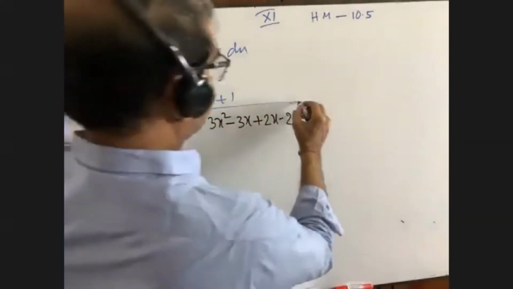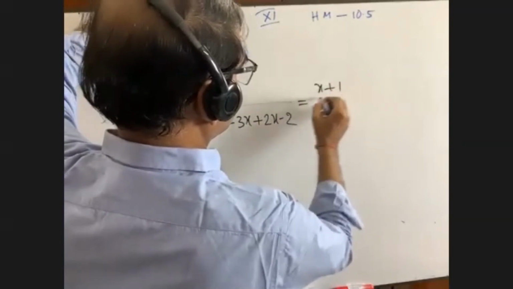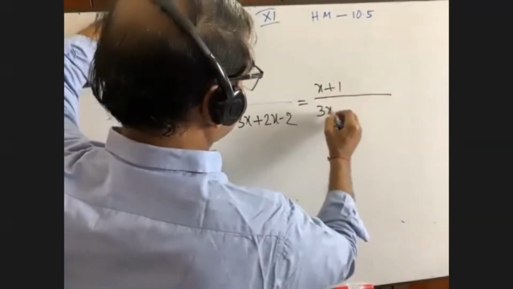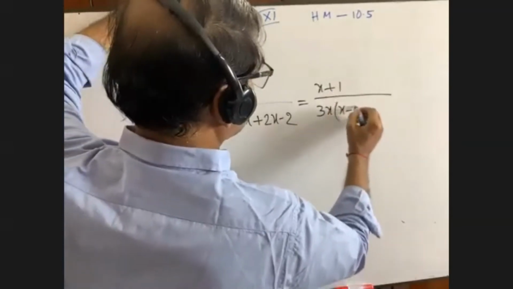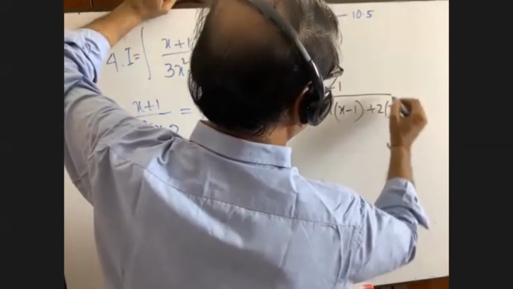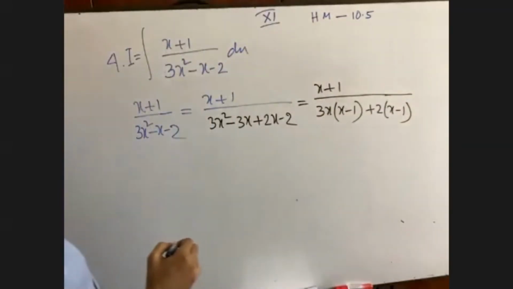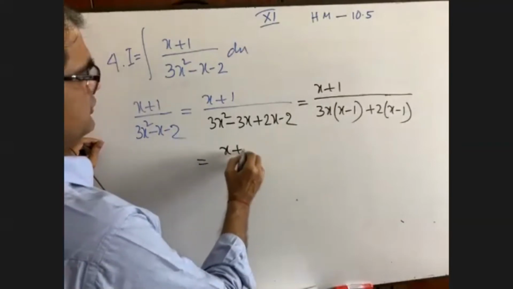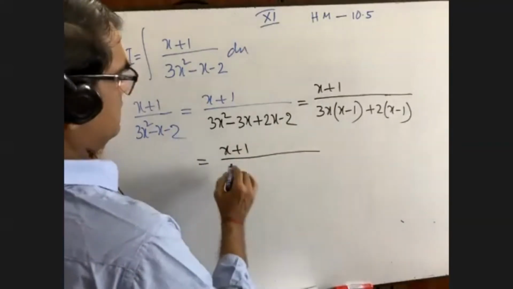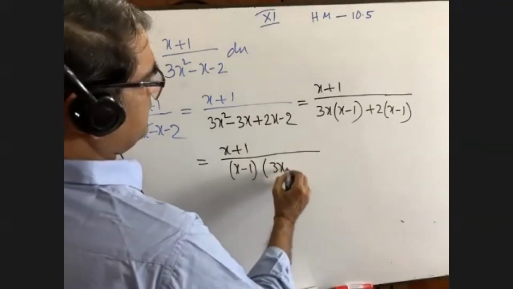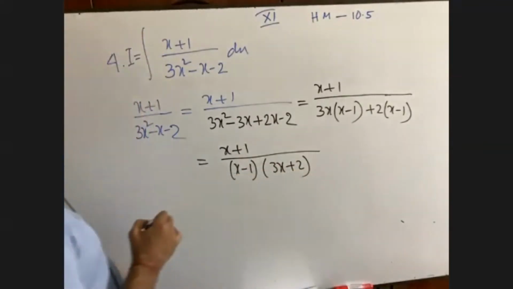That is, we are getting x plus 1 by 3x can be taken common: 3x into x minus 1 plus 2 into x minus 1. Okay, that is we are getting x plus 1 by x minus 1 into 3x plus 2. Talk to me, all of you.